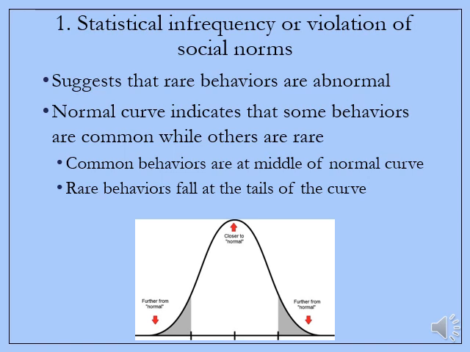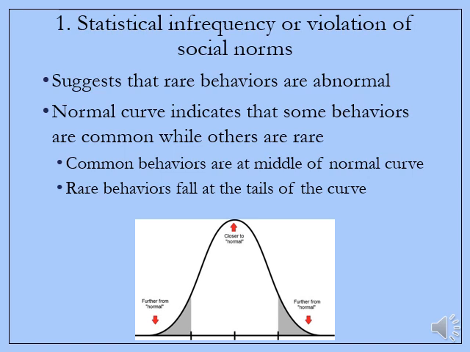Scores that are closer to normal fall under this hump. Most scores are going to be close to normal. And then on the left and the right side are these tails that represent the most extreme scores, or the most rare or statistically infrequent scores.